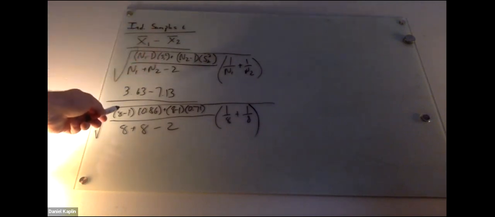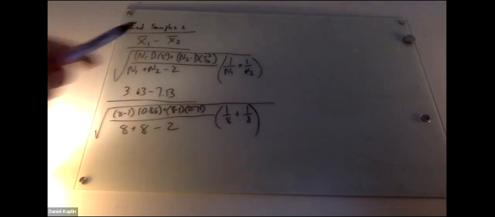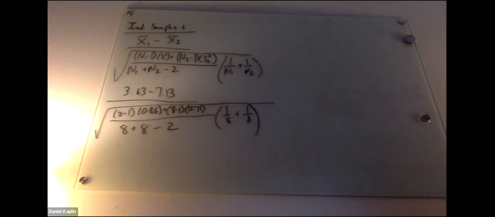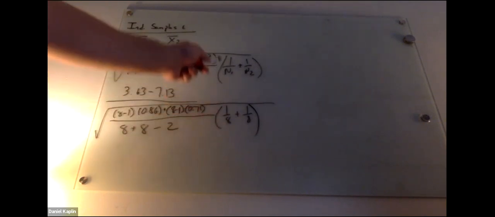So variance for group 1: we have 8 minus 1 times 0.86, plus N2 minus 1, which is 8 minus 1, times the variance for group 2, which is 0.71, divided by N1, which is 8 participants, plus N2, 8 participants, minus 2. So that's all there, times 1 over 8 plus 1 over 8.